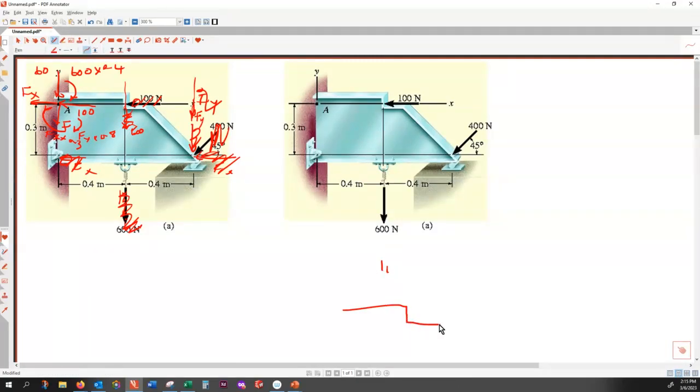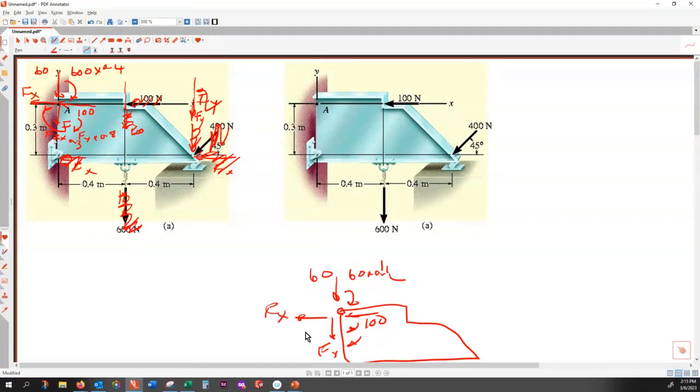The very same shape, with all forces and moments at one single point. 600 here, one moment, 600 times 0.4 here, 100 here, and one moment here, and Fy here, one moment here, and Fx here, and one moment over there. So all the driving forces and moments have been shifted to one single point.